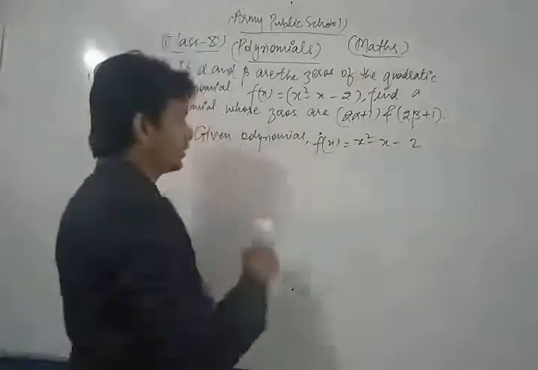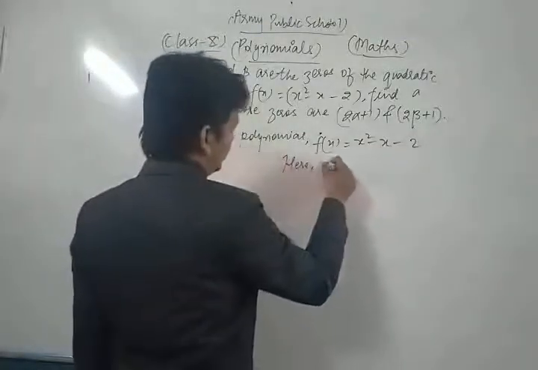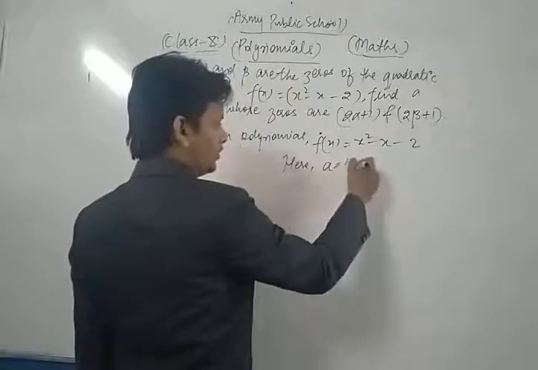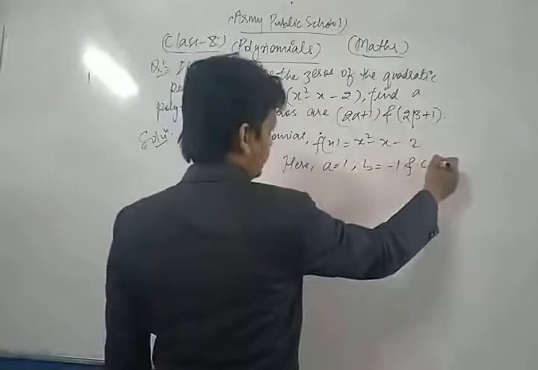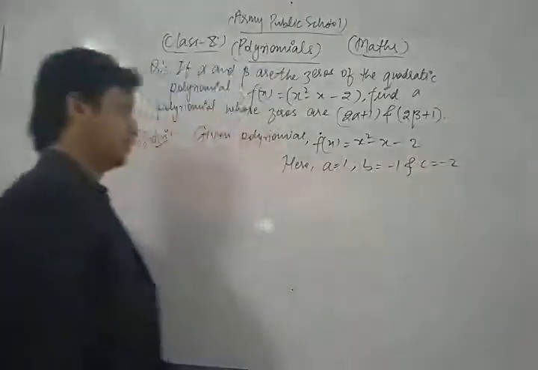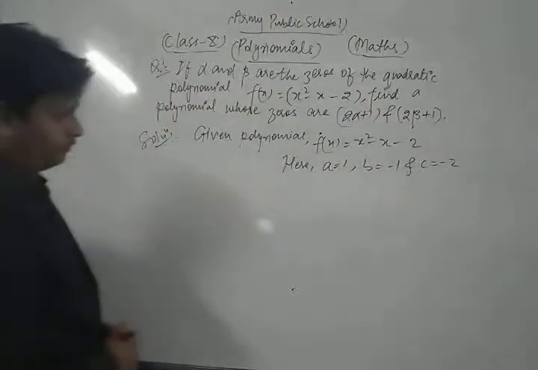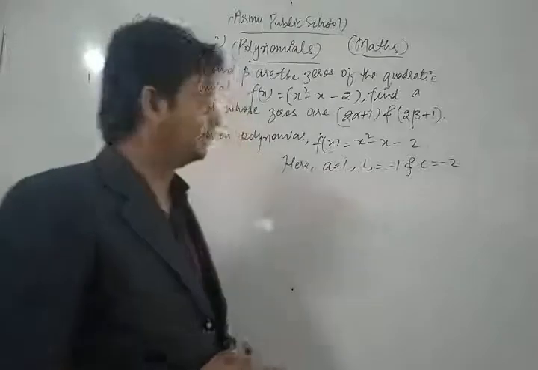Here the value of a, the coefficient of x square, is 1. b, the coefficient of x, is minus 1. And c, the constant term, is minus 2.